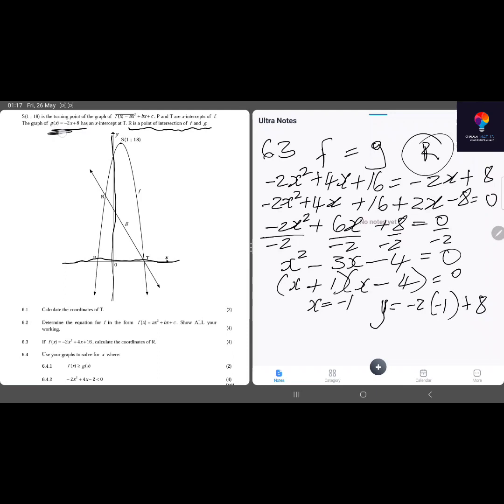We use this graph here; we can use even the graph of the parabola. As I have just said, the coordinates at the point R are exactly going to be the same. Therefore, our y is going to give us negative 2 multiplied by negative 1, which is positive 2, plus 8, which is going to give us 10. Therefore, R is going to be minus 1 and 10.